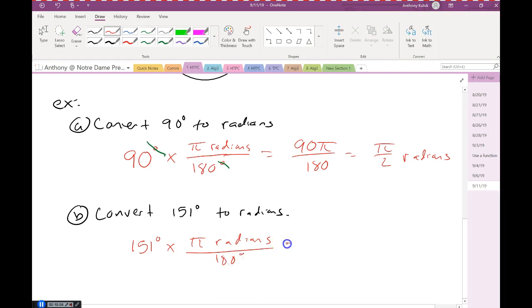But what do we notice about 151 pi over 180? Does that reduce? It doesn't, does it? So we might want to leave it in the exact form it's written there. Or we could type this into our calculator and provide a decimal approximation. This is also a perfectly reasonable representation for radians.